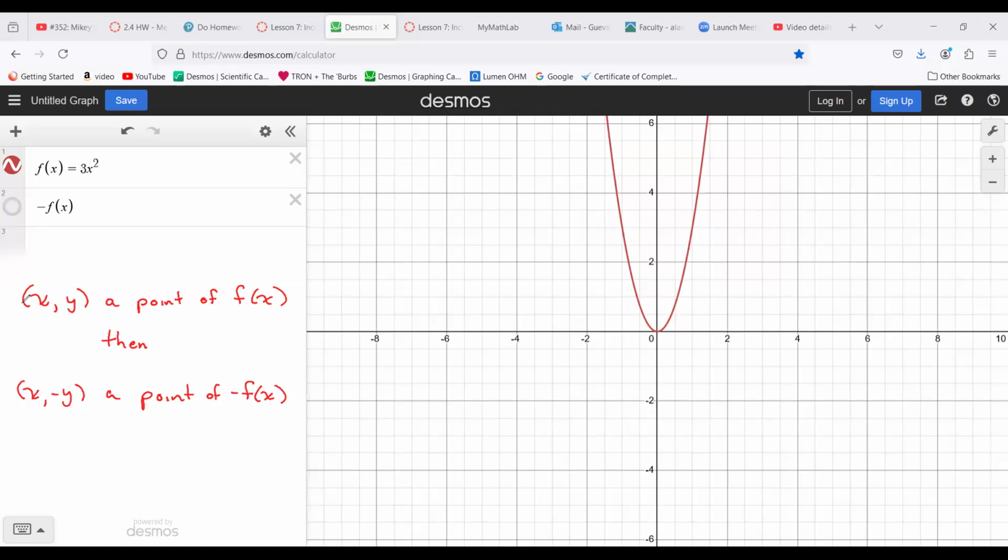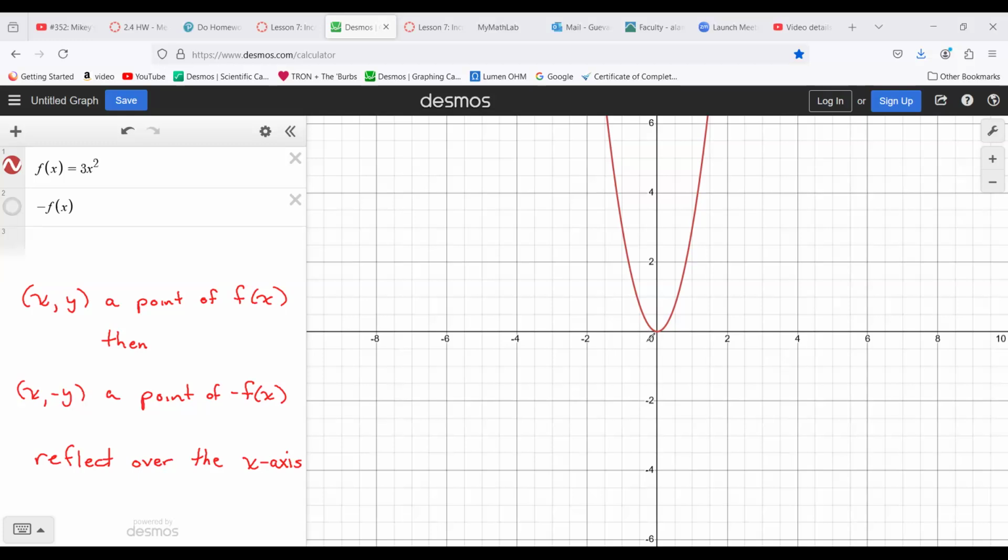Okay. So what we had said was that if we have a point (x, y) on the original function, then (x, -y) is a point of negative f(x). And we said that we are going to reflect over the x-axis. Let me pick a point here.